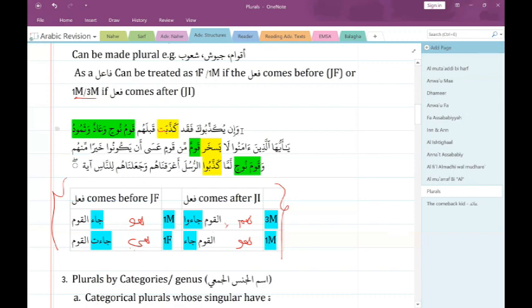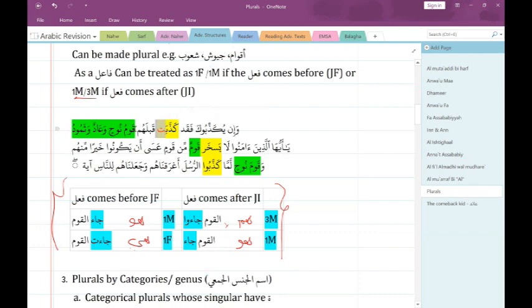For example, the first one here, وَإِنْ يُكَذِّبُوكَ فَقَدْ كَذَّبَتْ. The fi'l came before, so this is a jumla fi'liya. And you can see it is the hiya version, كَذَّبَتْ. And who is the doer?